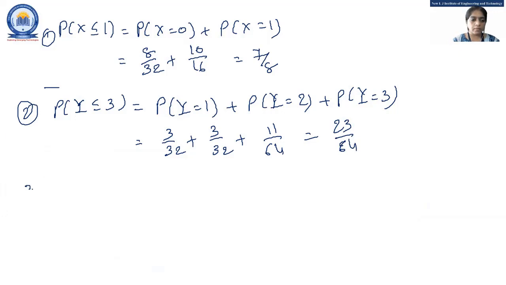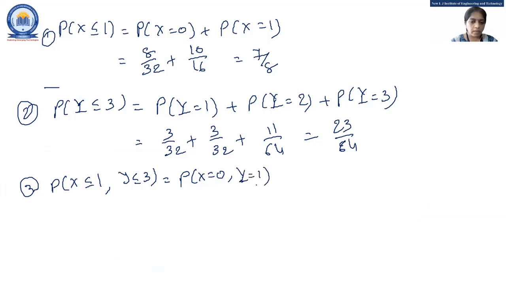For the third one, here the probability of x less than or equal to 1 and y also less than or equal to 3. My first value is the probability of x equal to 0 and y equal to 1. Then the next one is the probability of x equal to 0, y equal to 2, keeping x constant at 0.